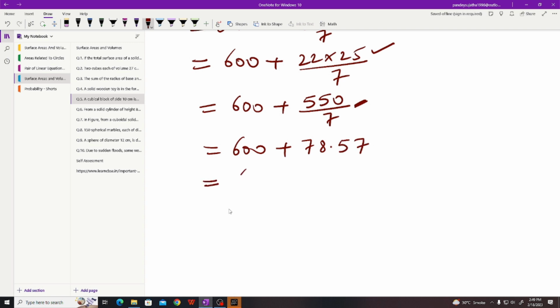Add both the terms, you get 678.57. So 678.57 is the total surface area of the solid so formed.